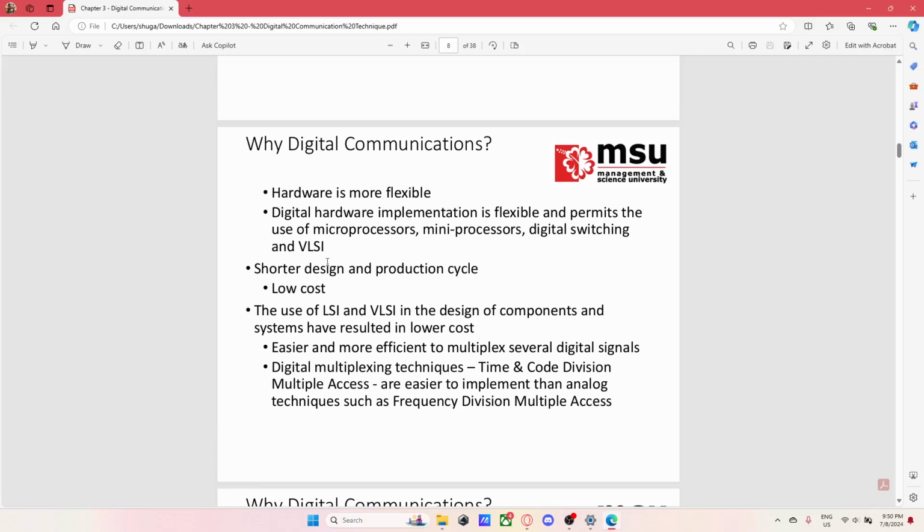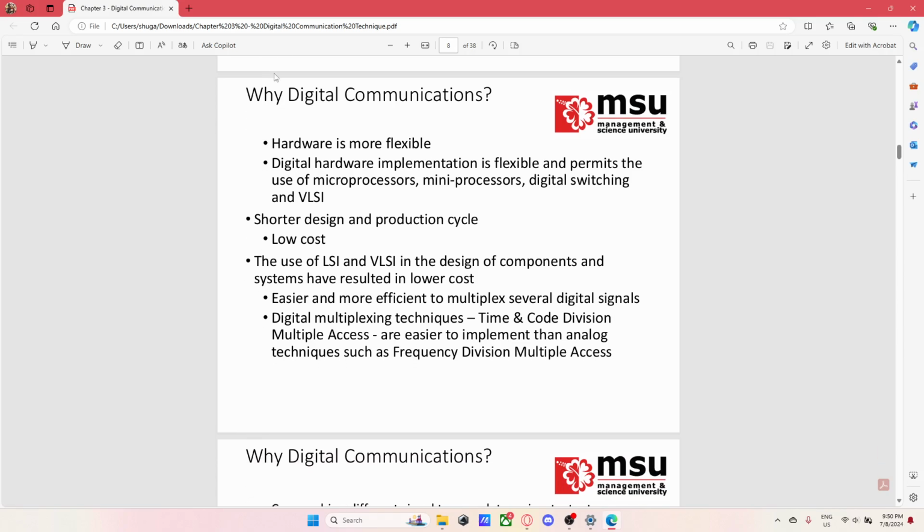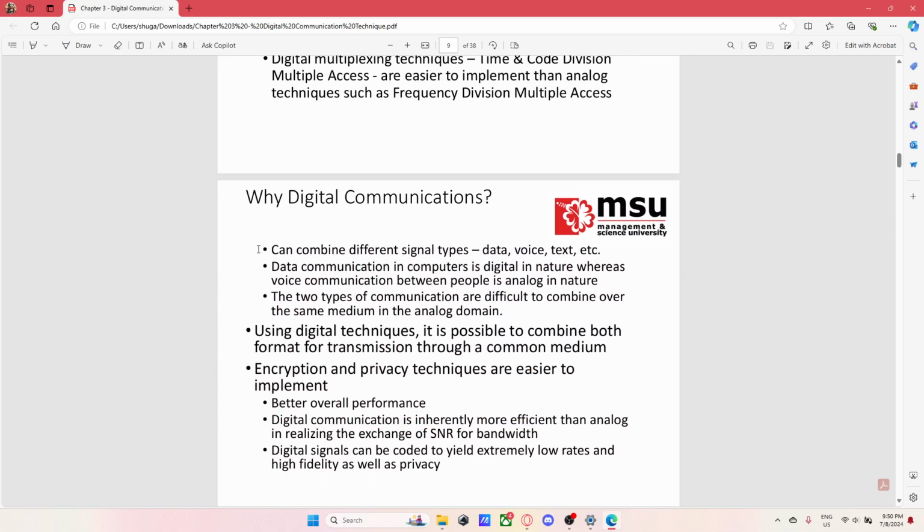Okay, there is a shorter design and production cycle, and it has low cost, and the use of LSI and VLSI in the design of components and systems has resulted in lower costs. With digital communication, it is easier and more efficient to multiplex several digital signals, and it is easier to use digital multiplexing techniques. We will see later down the road.